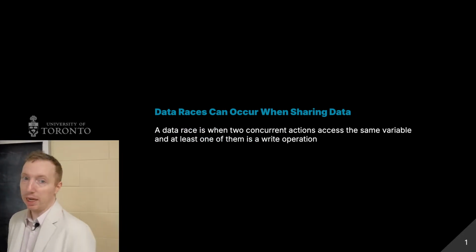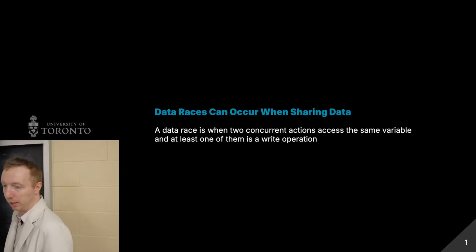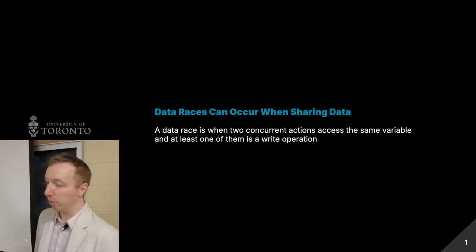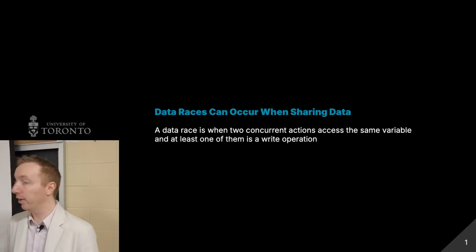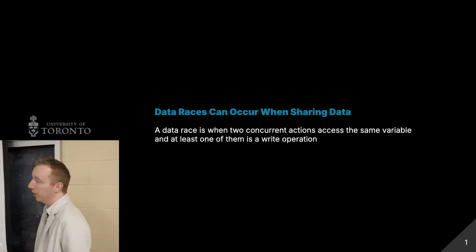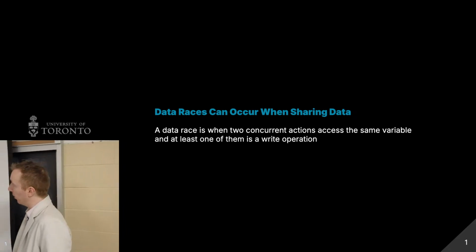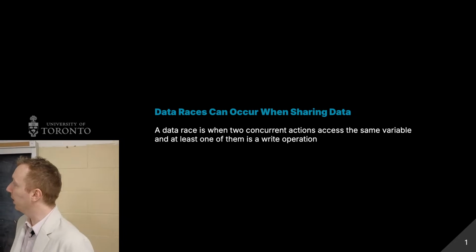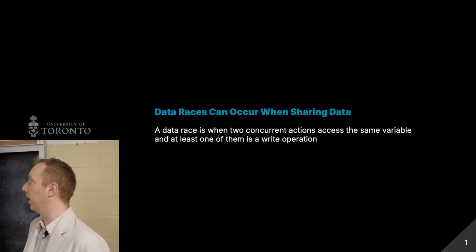So what actually happened was something called a data race, and it occurs when sharing data, because we were sharing modifications to that global variable across multiple threads. A data race is when 2 concurrent actions, not even parallel, 2 concurrent, so this even happened with a single CPU, access the same variable, and at least one of them contains a write operation.